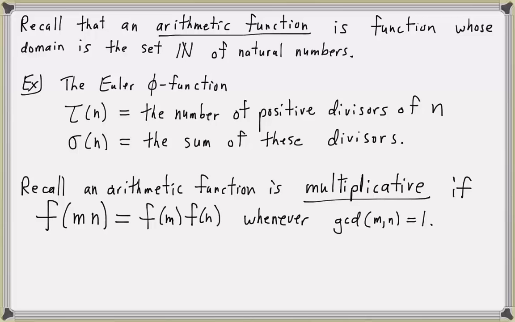We've already shown that the Euler-Phi function, phi of n, is multiplicative. We'll actually show in this lesson that tau of n and sigma of n are also multiplicative arithmetic functions.